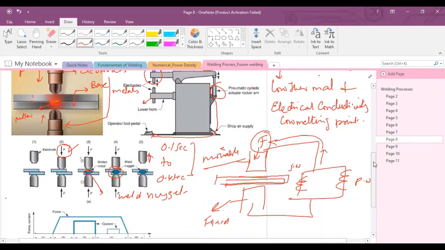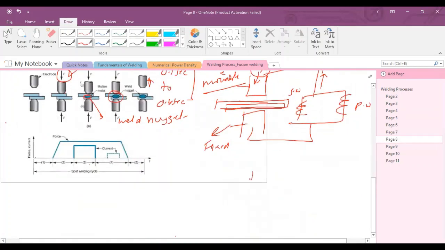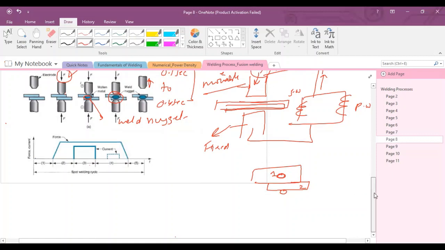And you will see one spot over the surface of the upper part of the lap joint, and one spot on the lower surface of the other part of the base metal.